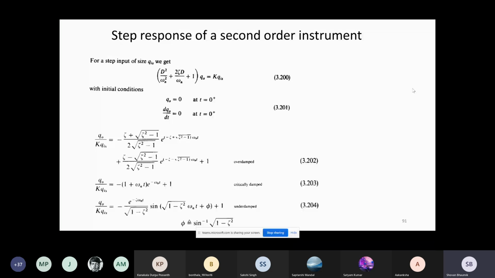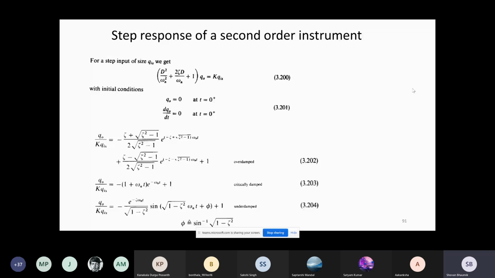The second initial condition is that at t equals 0 there is no input, no output, and no change of output, so dq0 by dt will be equal to 0. With these two initial conditions, if we solve equation 3.200, we will see that there are three different solutions based on the value of zeta.